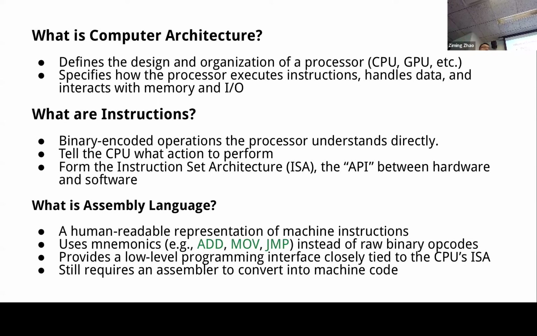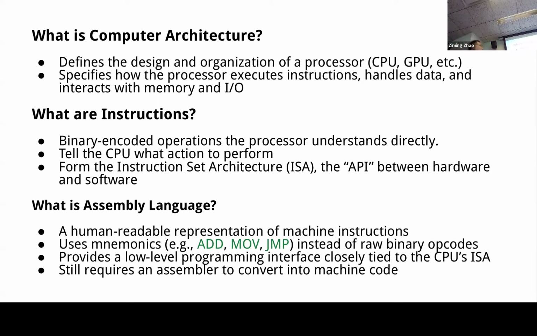CPU is usually the example we use in this class. And the GPU is another very popular processor, especially the general purpose GPU, which is widely used in machine learning, deep learning, and large language models right now. So computer architecture studies the design of those processors.